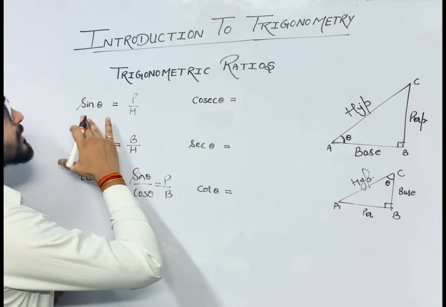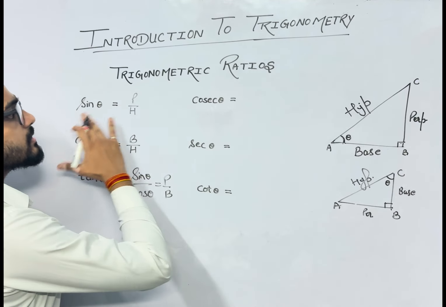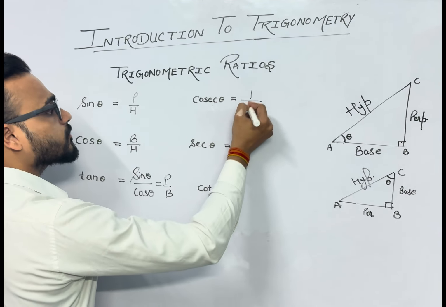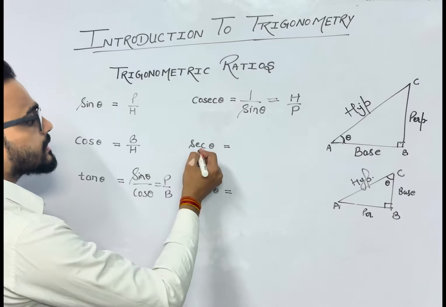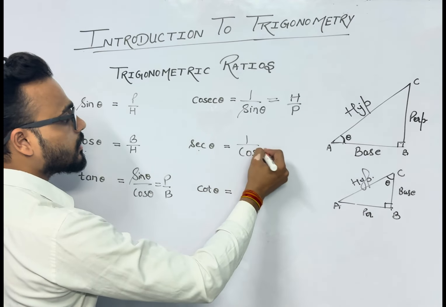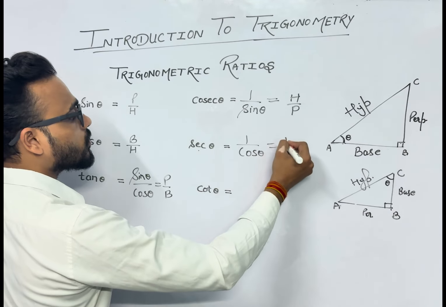Now we discuss the other three trigonometric ratios. Cosec is the reciprocal of sin theta, which means 1 by sin theta, so it is hypotenuse upon perpendicular. Sec is the reciprocal of cos theta, that is 1 by cos theta, which is equal to hypotenuse upon base.